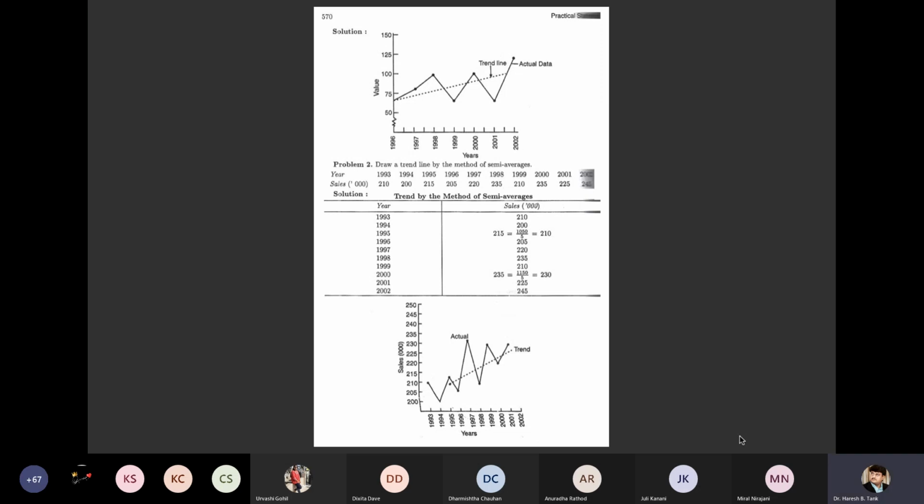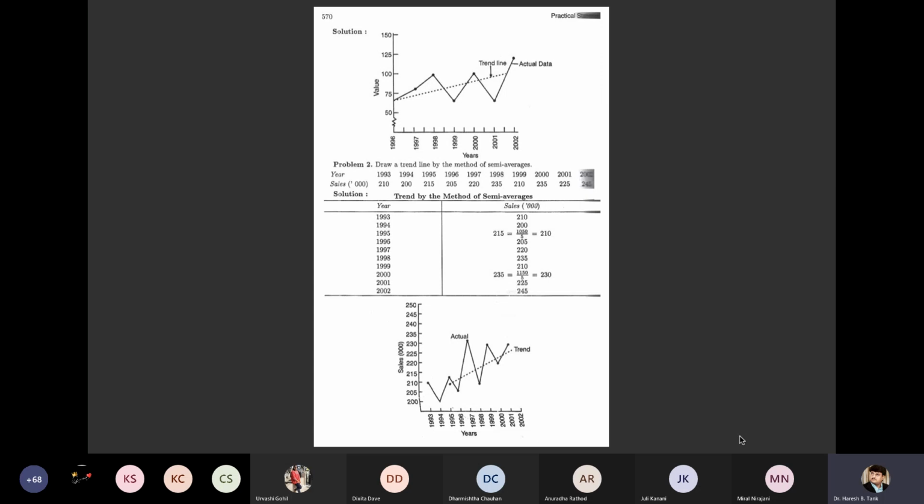Similarly, on your y-axis, what is the lowest value in sales? 200 is the lowest value and the largest value is 245.